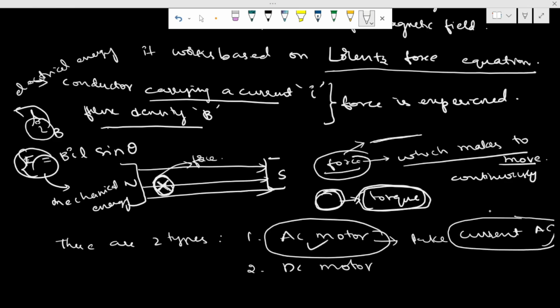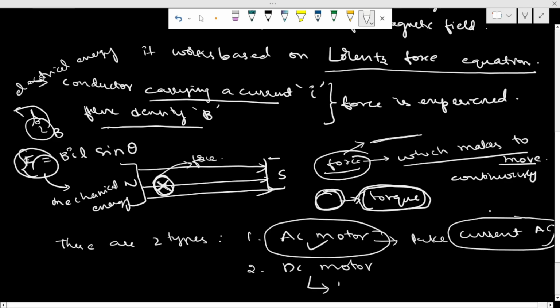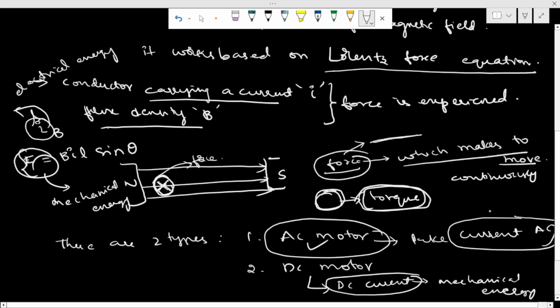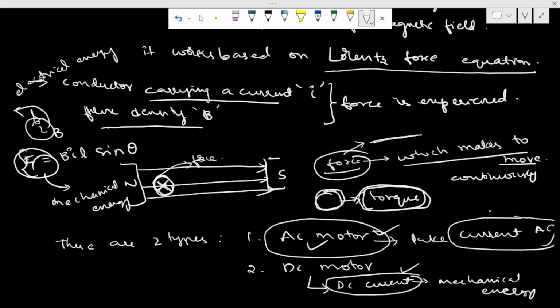A DC motor takes DC current to produce mechanical energy. This is a brief explanation of the electric motor.